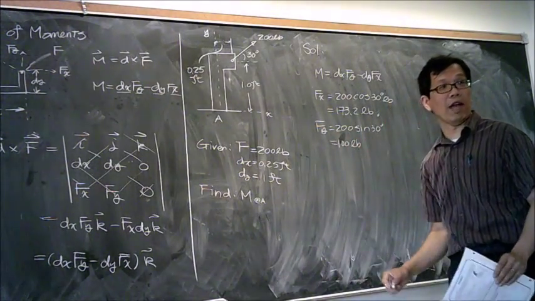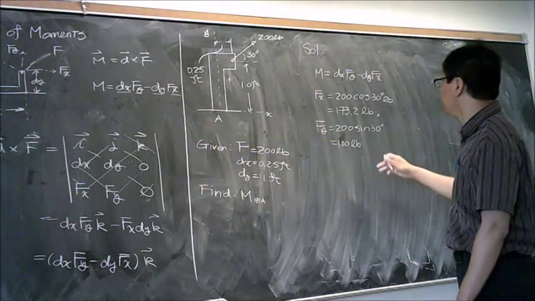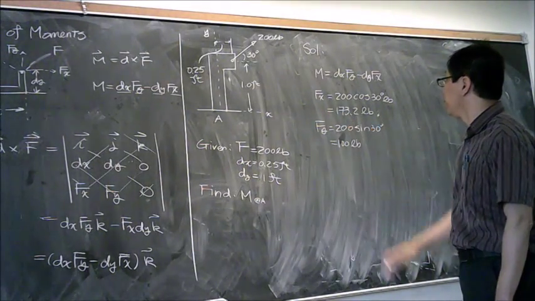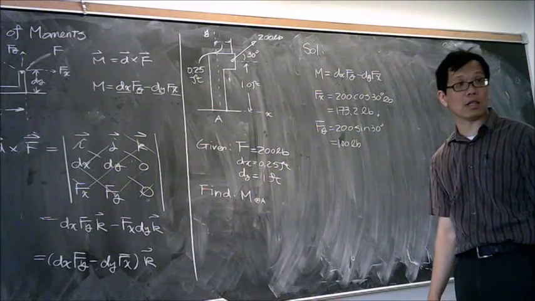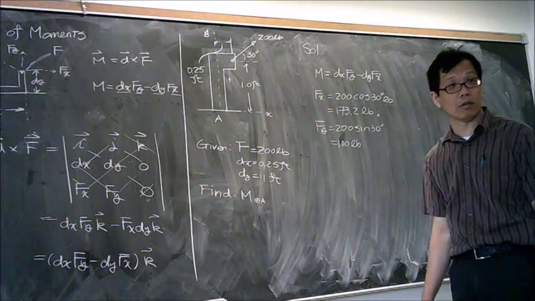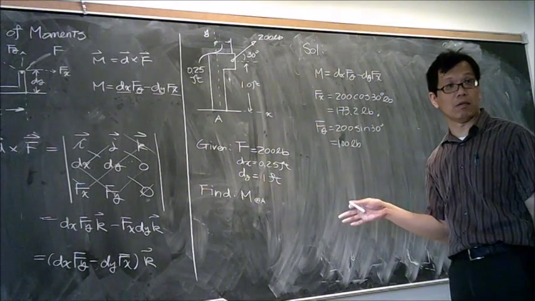So if I decouple my F into x direction and y direction, you're going to get 173.2 pounds in the x direction and 100 pounds in the y direction. Both of them are positive.